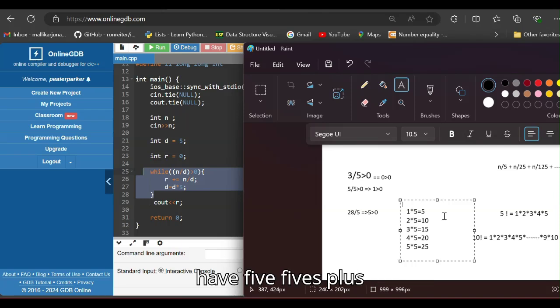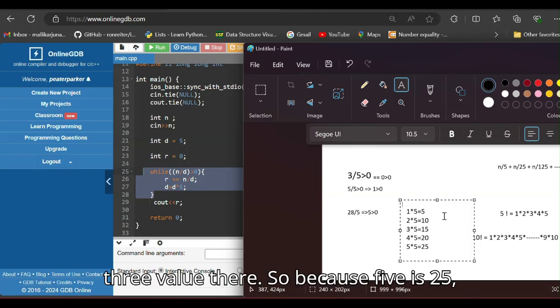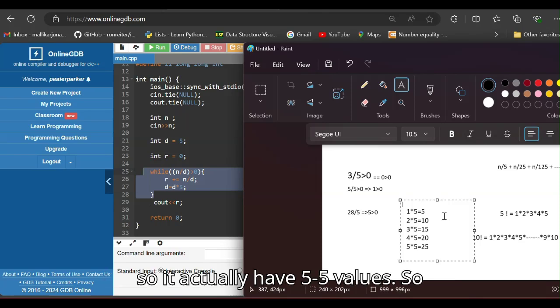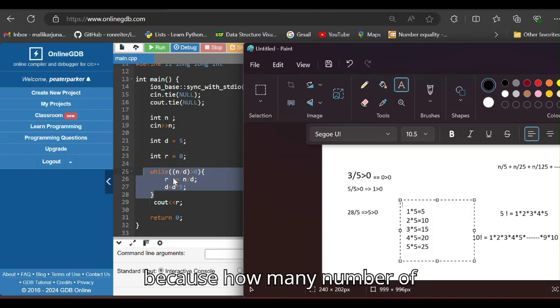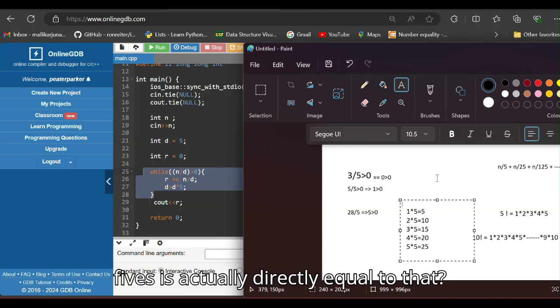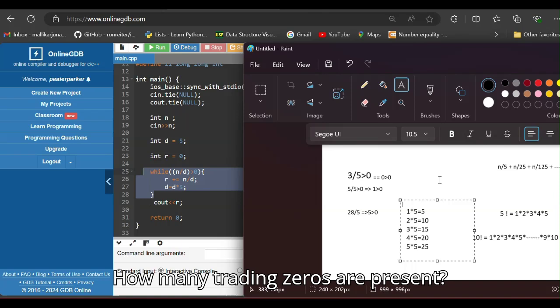In 25 we have 5 fives plus 3 more. Because 5 fives is 25, it actually has 5 values. So as it has 5 values, I'm adding 5 to the result, because the number of fives is directly equal to how many trailing zeros are present.